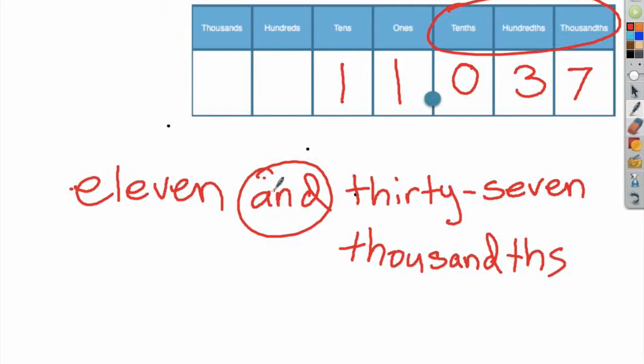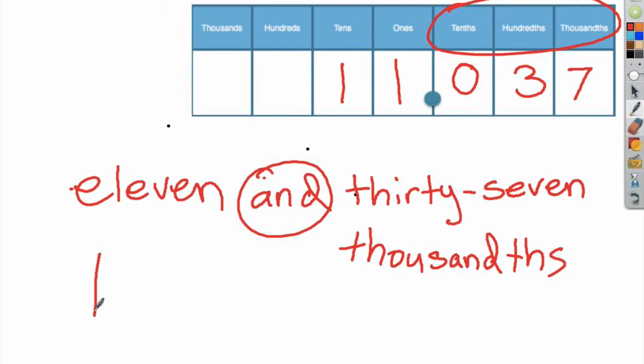Everything before the decimal starts with a W. Everybody tell me at once. Everything after the decimal is a part. So it's a fraction, right?